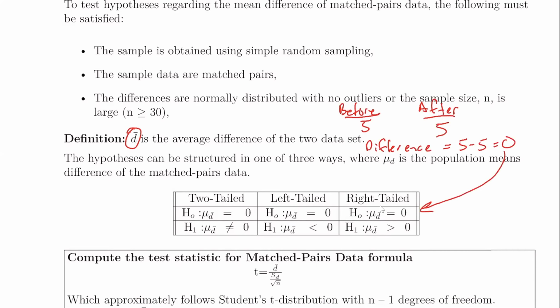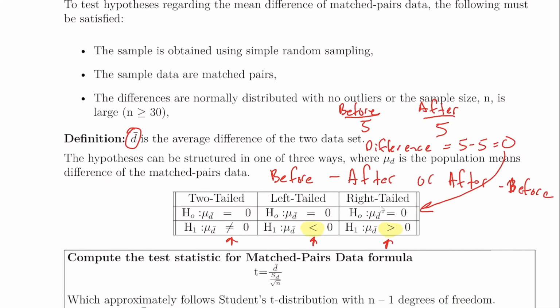The alternate hypothesis is stating there is a difference. So we're either going to state it's not equal to, less than, or greater than. The two you want to keep your eye on are the less than and the greater than, because technically it depends on how you subtract. You could do before minus after, or you could do after minus before.